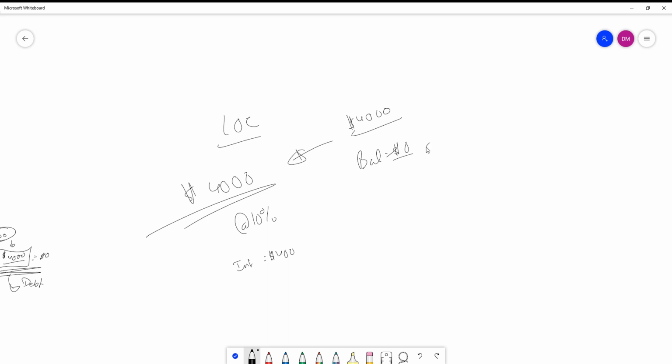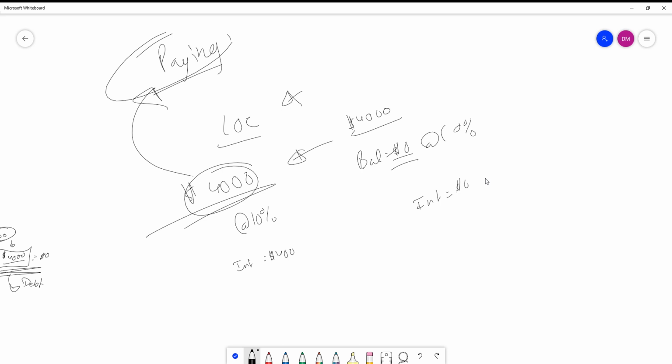And how much interest at 10% do you pay on a $0 balance? Well, your interest charge is $0. If this line of credit is paid off and you borrow this and put it towards paying something else off, you are eliminating debt and interest at the cost of $0. That's the basics of it.